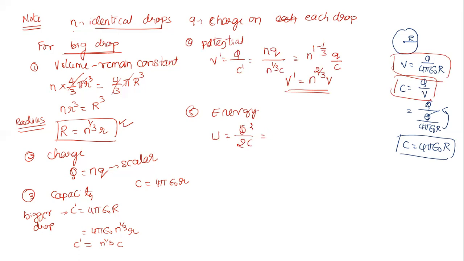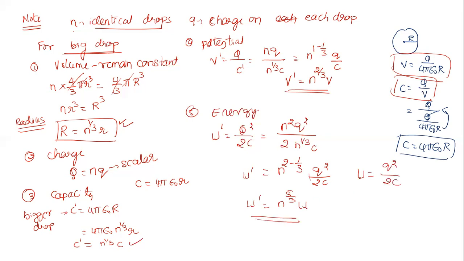Q square, the charge, will become n square Q square, and the capacitance becomes n to the power of 1 by 3 C. So I simplify: n to the power of 2 minus 1 by 3 multiplied by Q square by 2C. That is the new energy U dash, which is n to the power of 5 by 3 into U. This U is the initial potential energy of each drop.